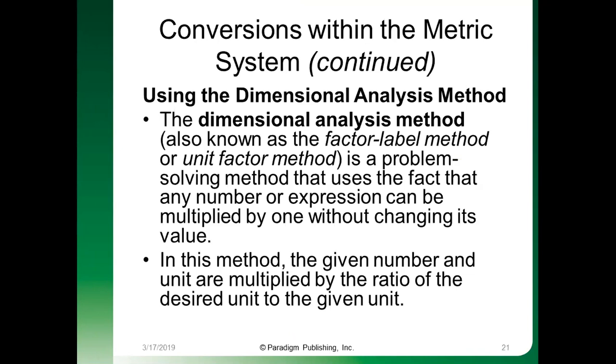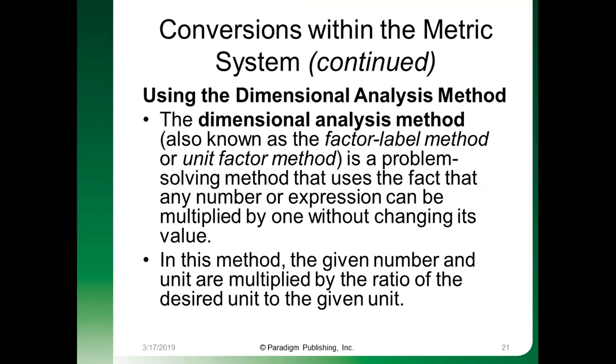Now using the dimensional analysis method. The dimensional analysis method, also known as the factor label method or the unit factor method, is a problem-solving method that uses the fact that any number or expression can be multiplied by 1 without changing its value.